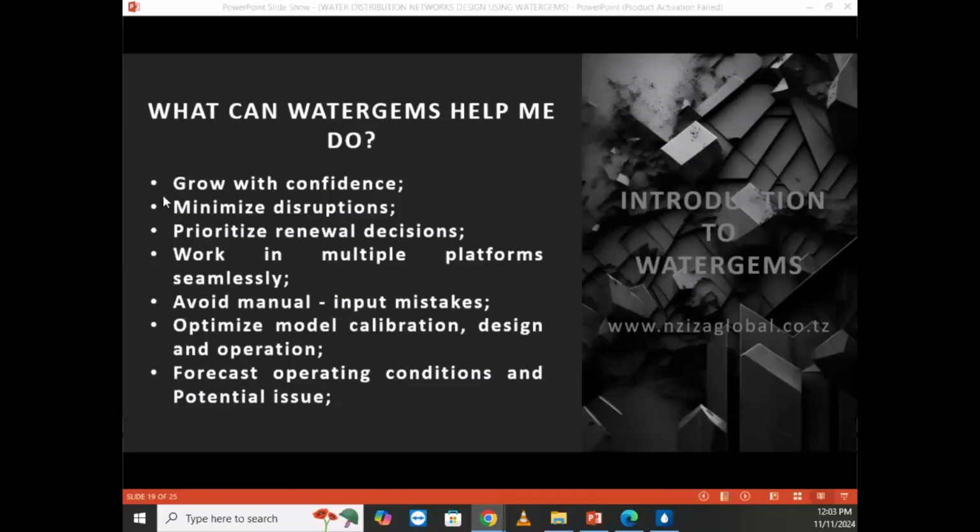It will help us to work with multiple platforms that I already told you, because you may be working with WaterGEMS. You produce all of your network, all of your pipes, nodes, everything.